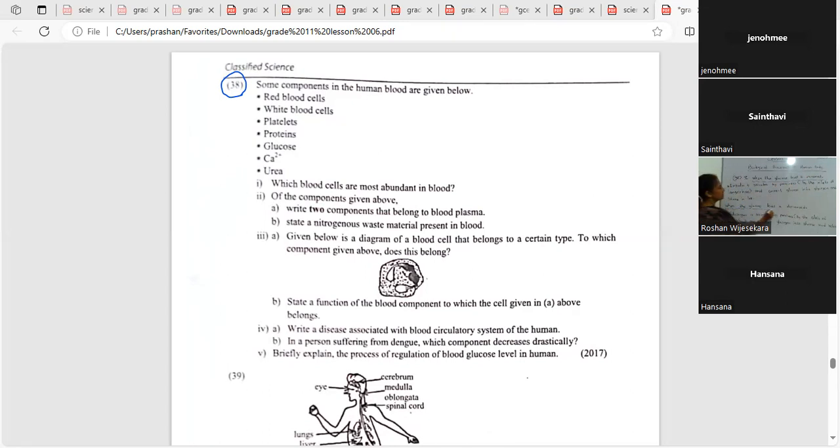Then when the glucose level is decreased, glucagon hormone is secreted by the pancreas and converts glycogen into glucose and releases it into the bloodstream. That is the maintenance of blood glucose level. Correct your answers and raise your hand when you are finished. That is the answer for the last question.